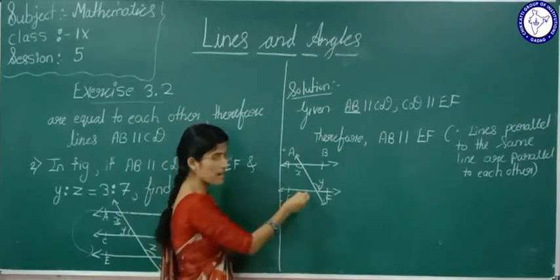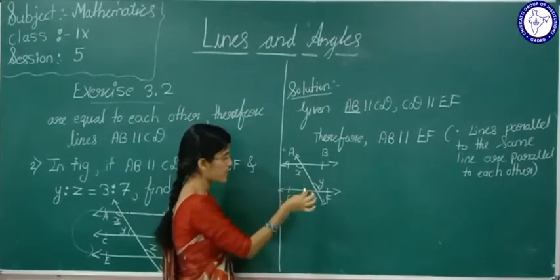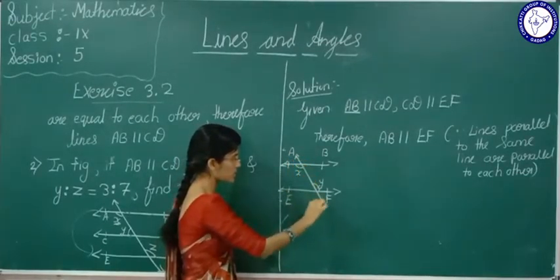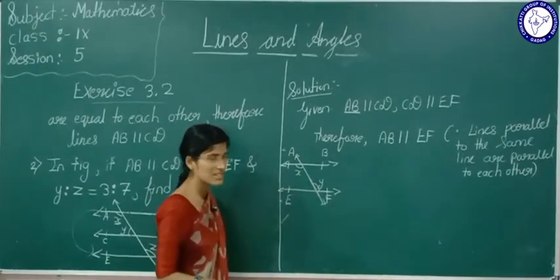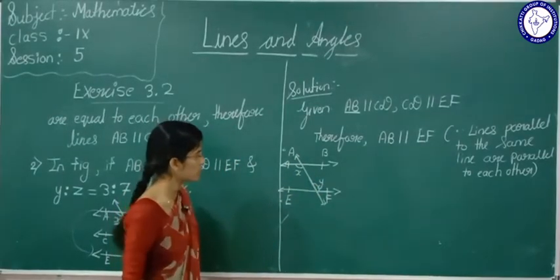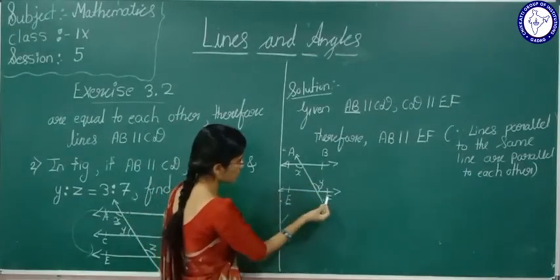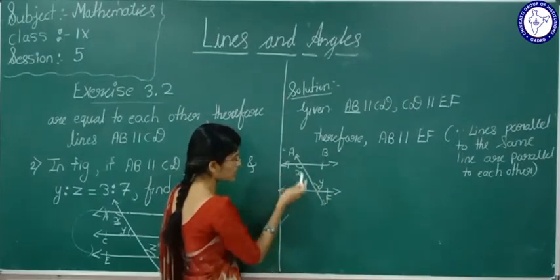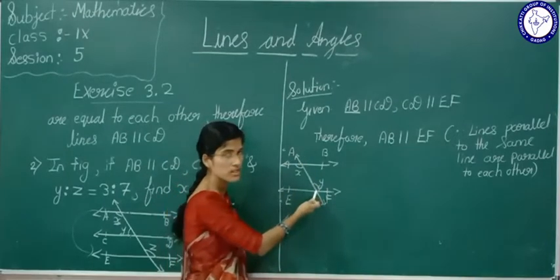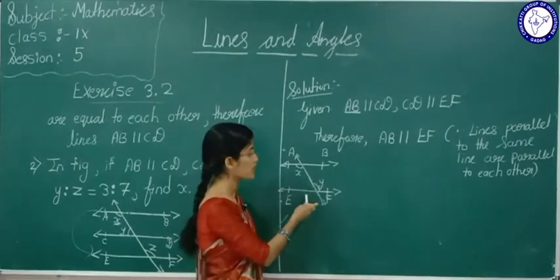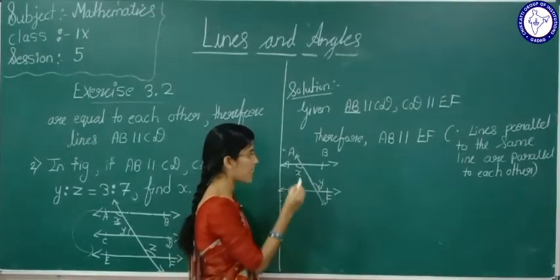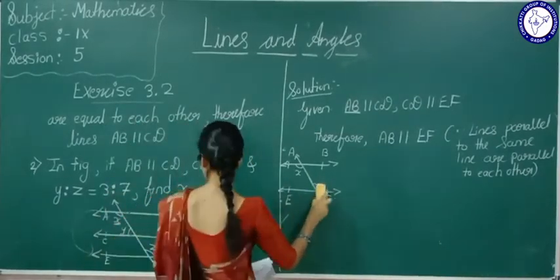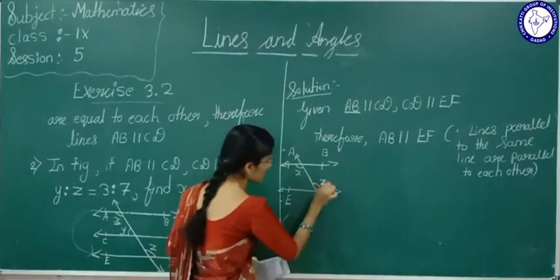If two lines are parallel and this transversal is intersecting at two different points, that is only the definition of transversal. Yes or no? Here AB and EF are two lines and this is a transversal. If AB is parallel to EF and a transversal is there, then the theorem tells us that alternate interior angles are equal. Yes? Alternate interior angles are equal.